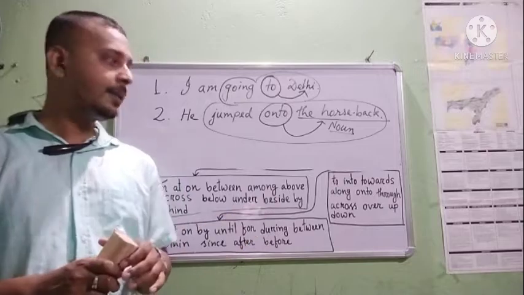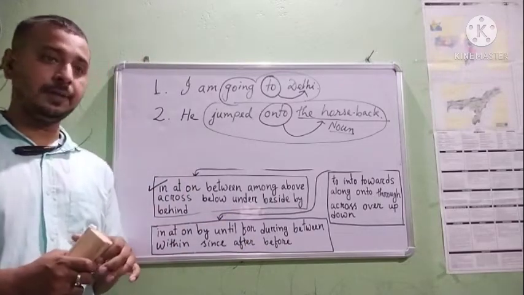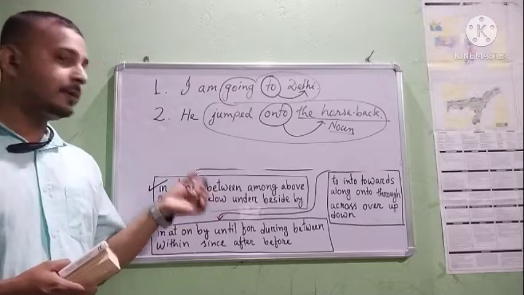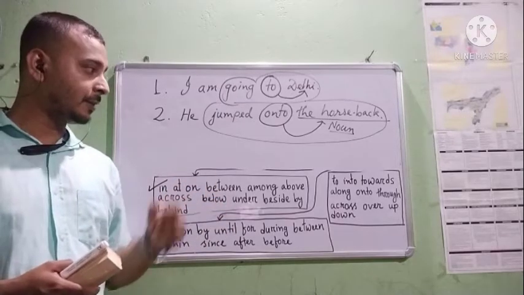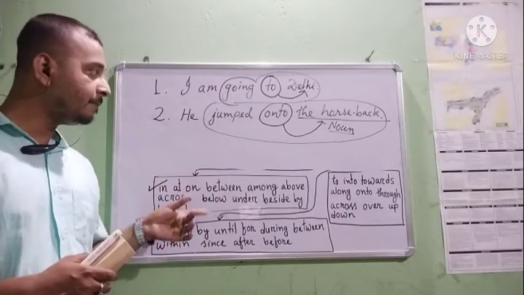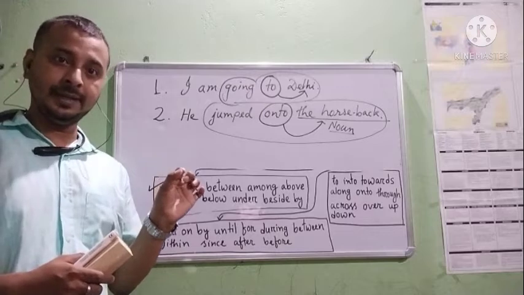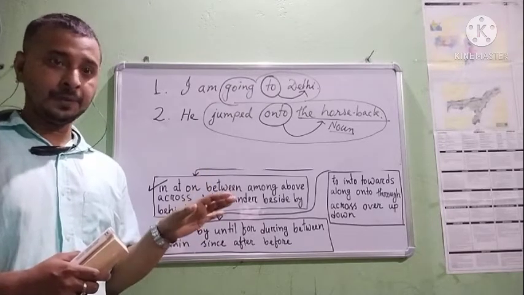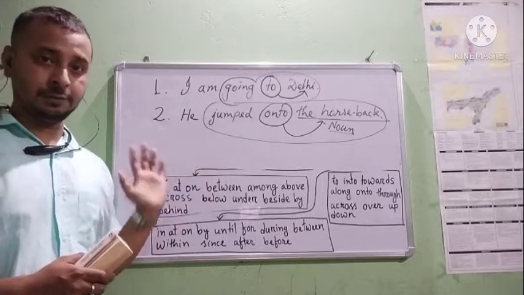Okay, and there are three basic kinds of prepositions, and they are, as you have already seen, place, time and direction. But some place and time prepositions are common. They are used in place also, they are used in time also. So I have shown you these things also.